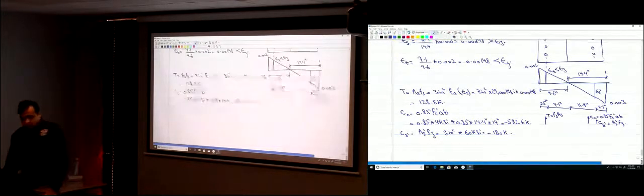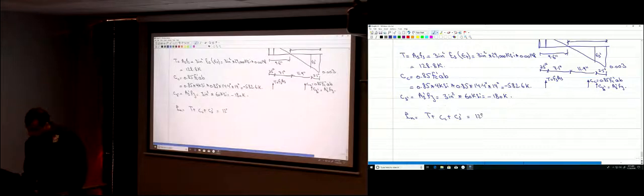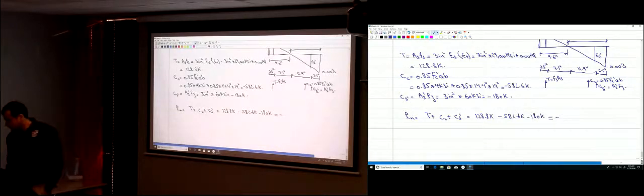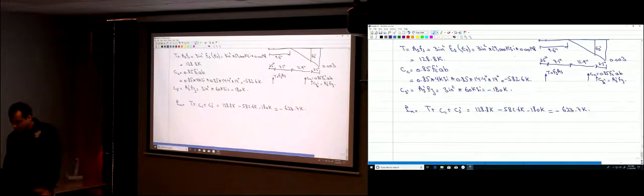As we did for the balance point, Pn is the summation of the forces. It's T plus Cc plus Cs prime. So it's 128.8 K minus 582.6 K minus 180 K. So it's a compression force of 623.7 K. So that's the nominal force, 623.7.